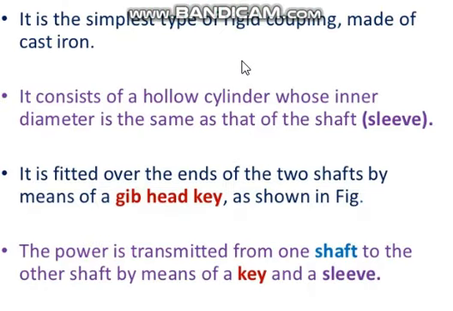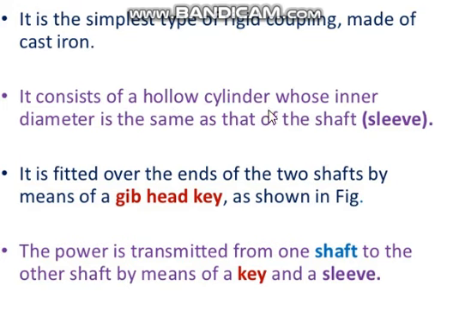It is the simplest type of rigid coupling. It is made of cast iron, normally all these things. It is easy to cast.